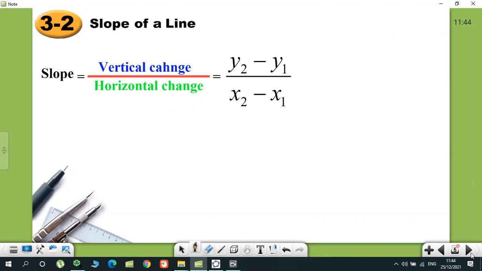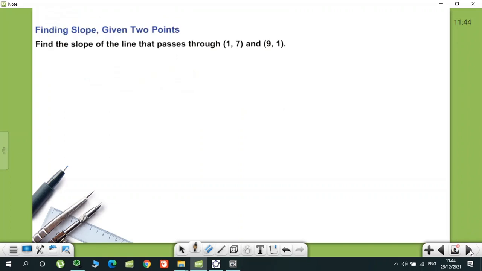Okay, that's how we calculate the slope. So vertical change over horizontal change, that's y2 minus y1 over x2 minus x1. Let's find the slope of the line that passed through these 2 points. Let's say x1, y1, x2, y2. What is the slope?